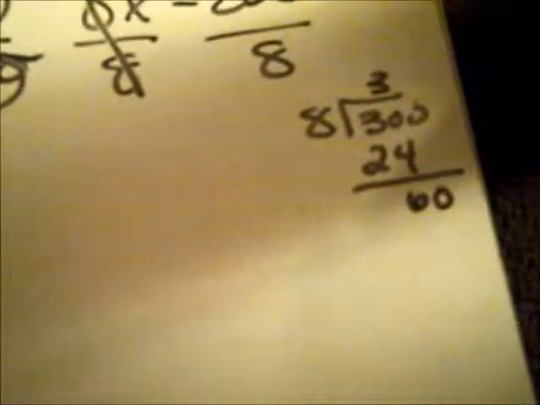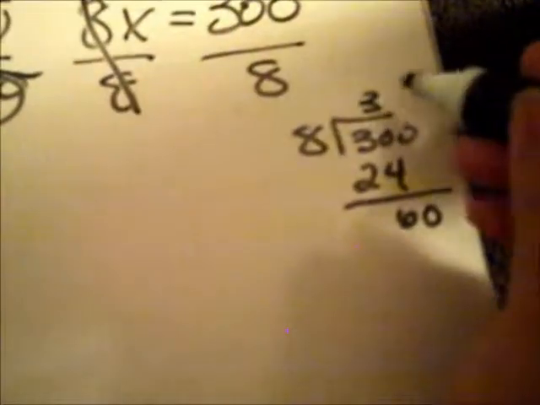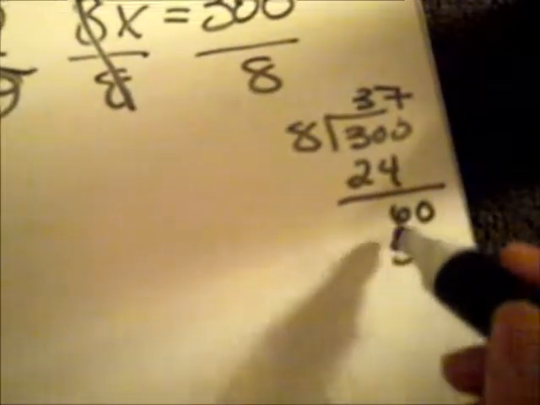We're left over with 60. 8 can go into 60 7 times. 7 times 8 is 56.